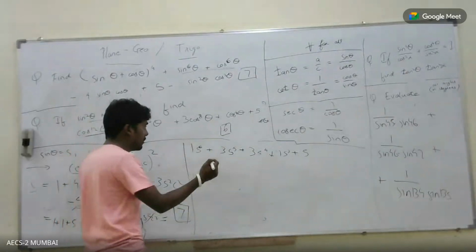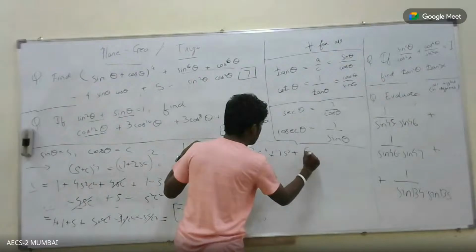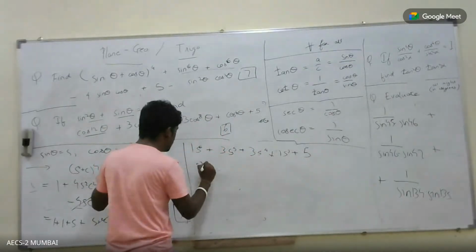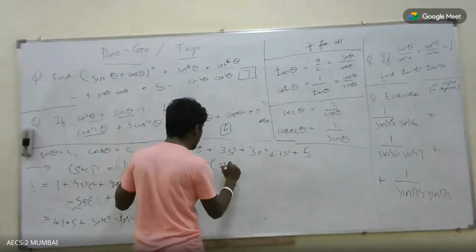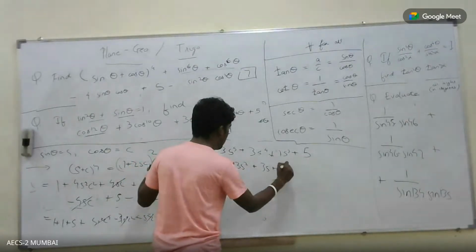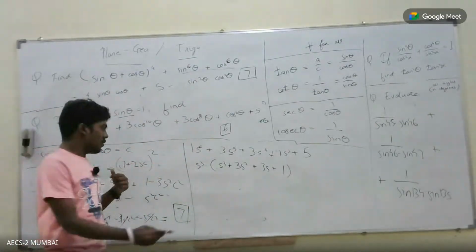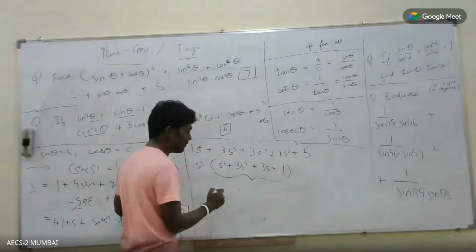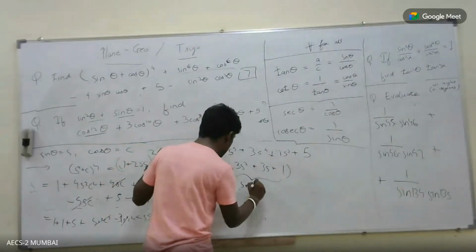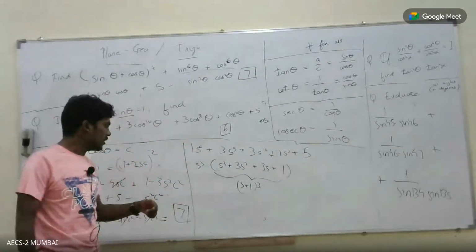So a wise thing to do would be to take s³ common and write s³ times (s³ plus 3s² plus 3s plus 1). Everyone fine with this? Yes. What is this? (s plus 1) the whole cube. Perfect. You just see the binomial theorem and you know that this is equal to (s plus 1) the whole cube.